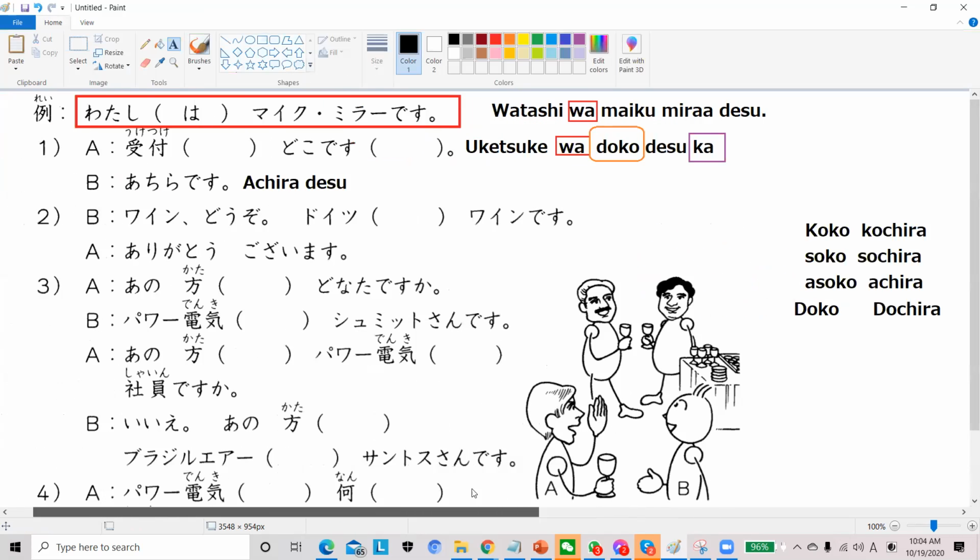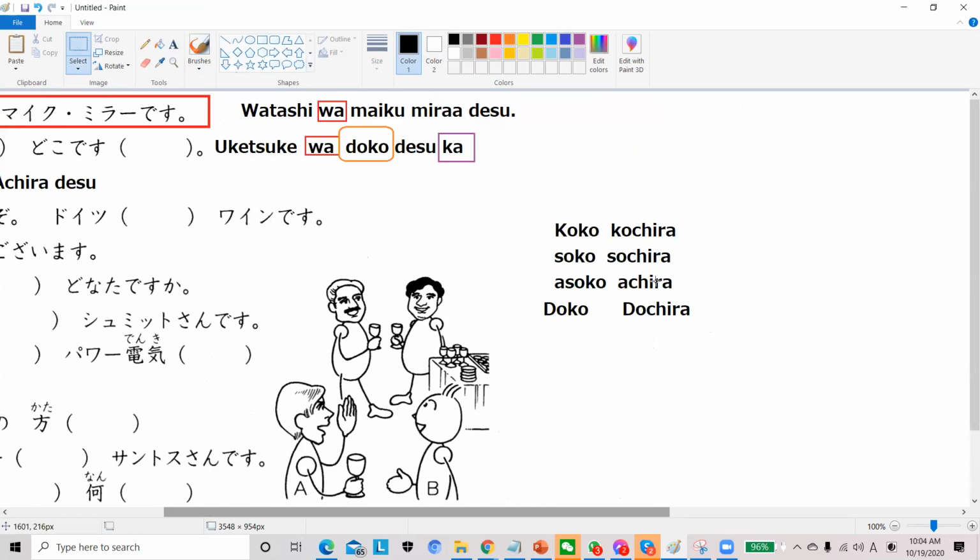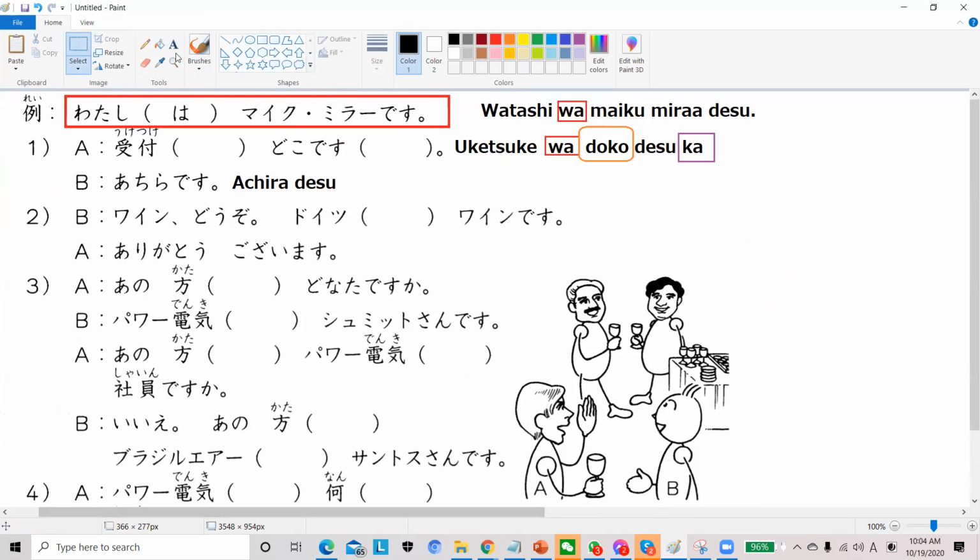Okay. Next one, let's have letter B. Catherine-san, let's try to read.